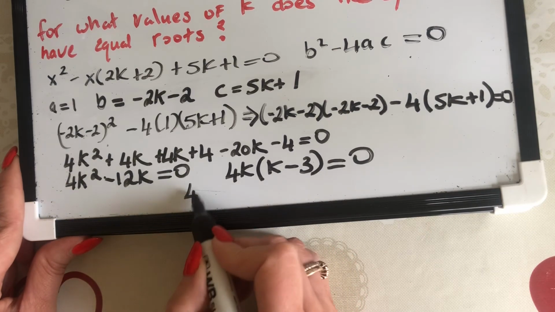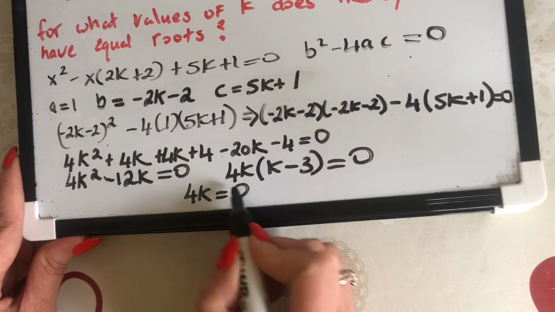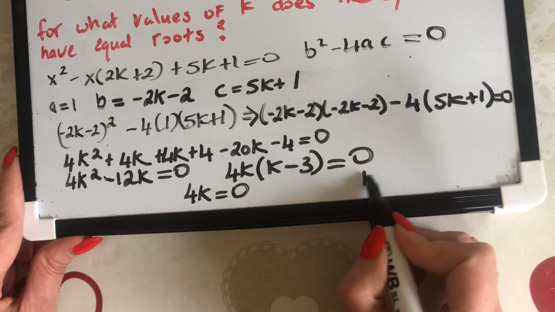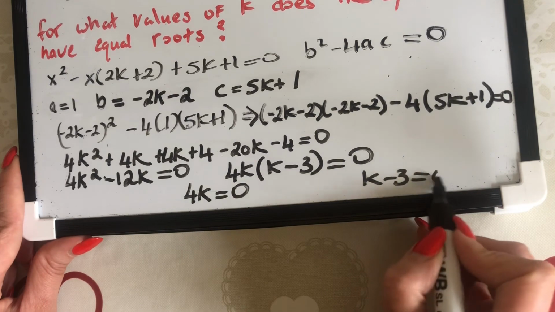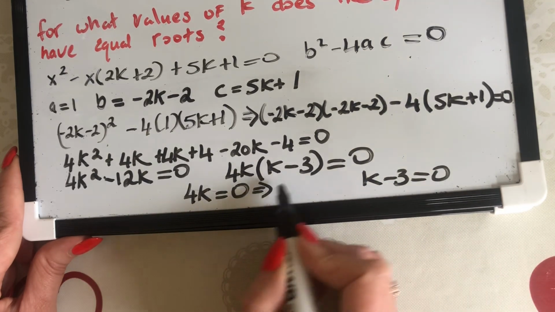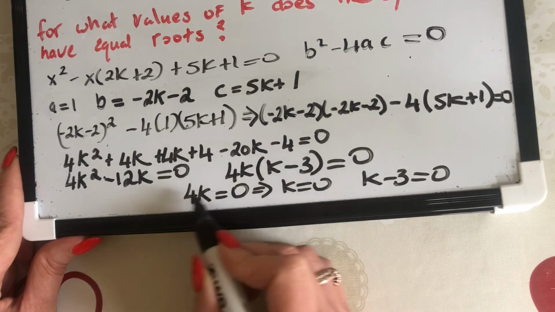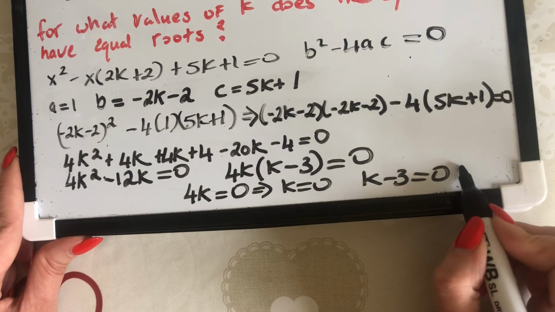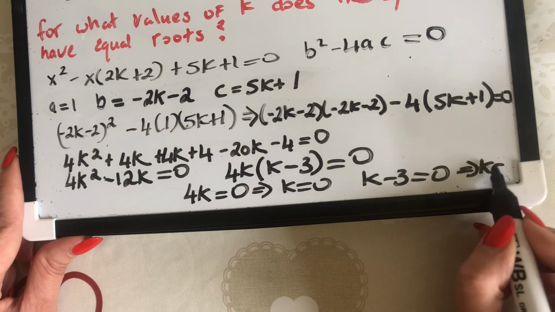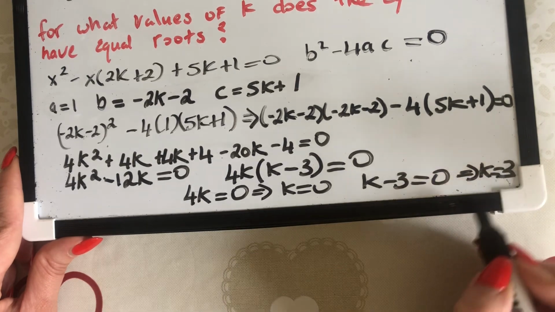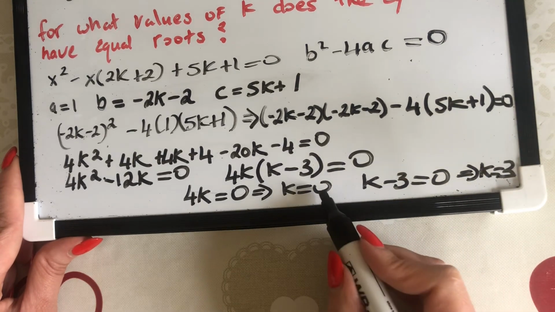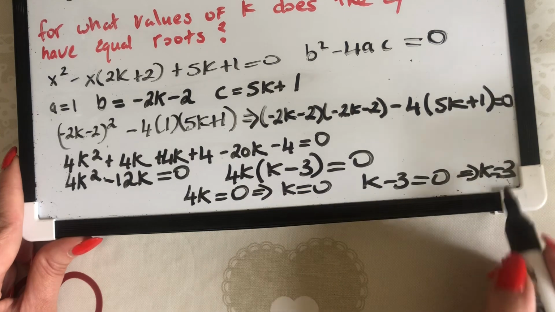We can equal both brackets to 0, so 4k equals 0, and k minus 3 equals 0. So this implies that k is equal to 0 on this side, and k is equal to 3. So our two answers for k are k equals 0 and k equals 3.